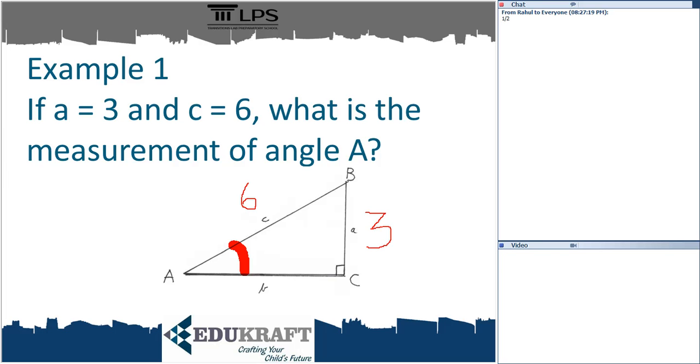This is the angle A which is unknown, and we have to find it. The appropriate trigonometric ratio that we will apply is sine A is equal to opposite divided by the hypotenuse.